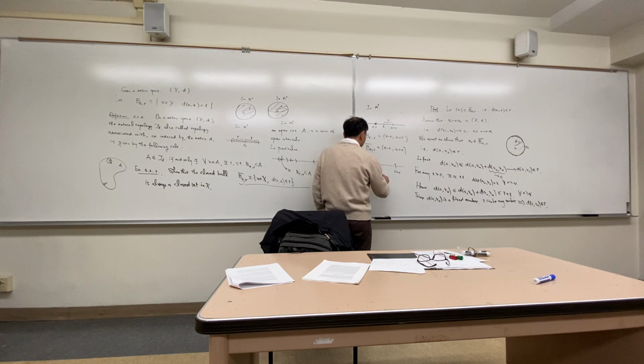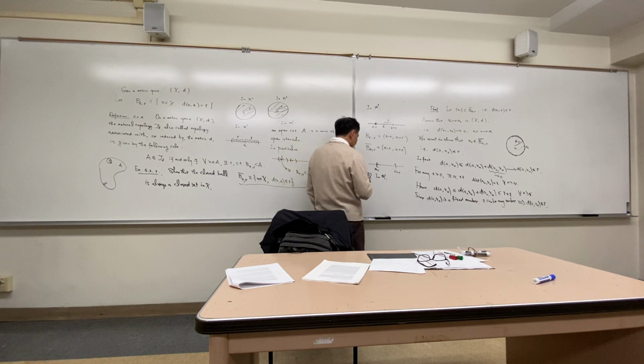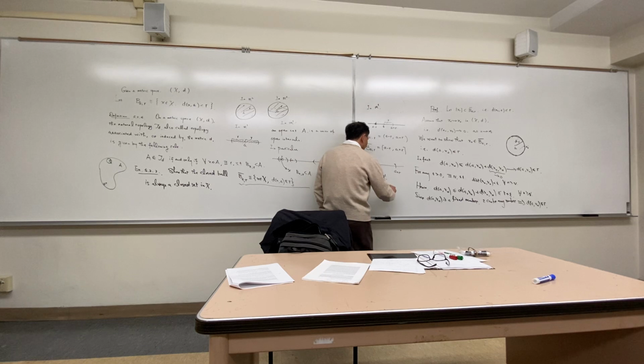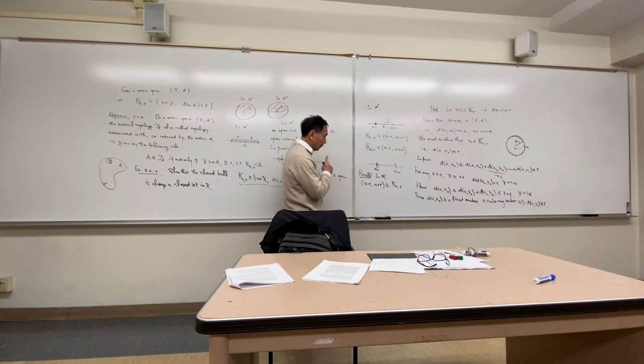Here in R1, let's just consider the open interval A minus r, A plus r. In our notation this is V_A,r, the ball centered at A of radius r.